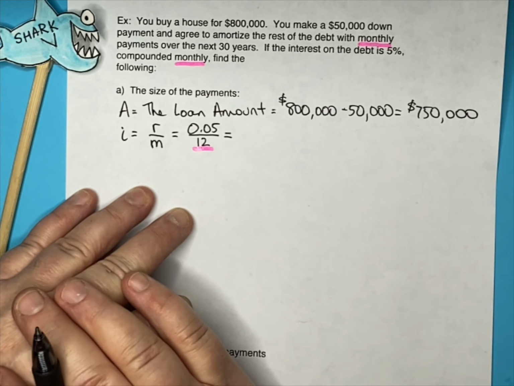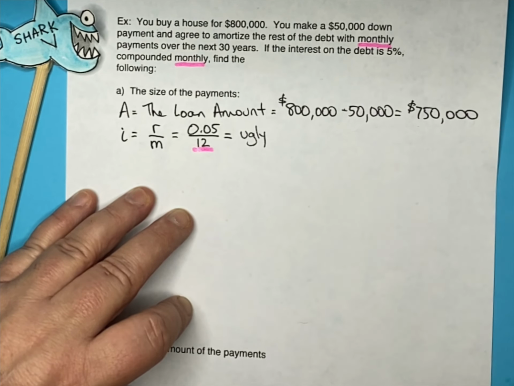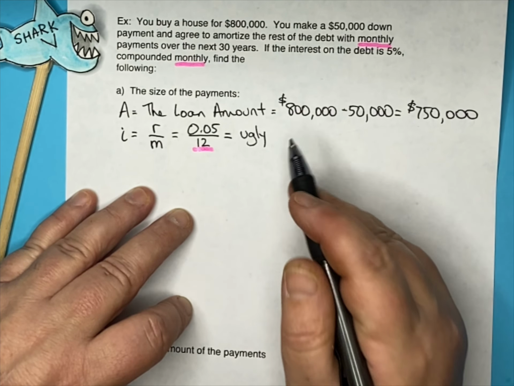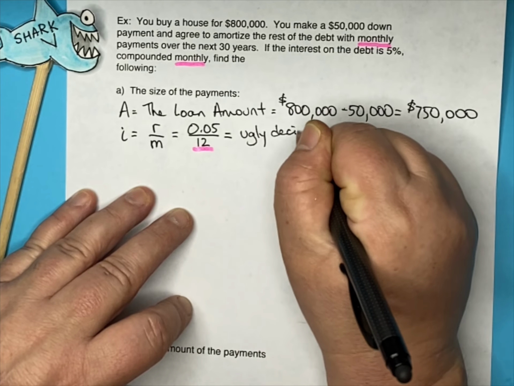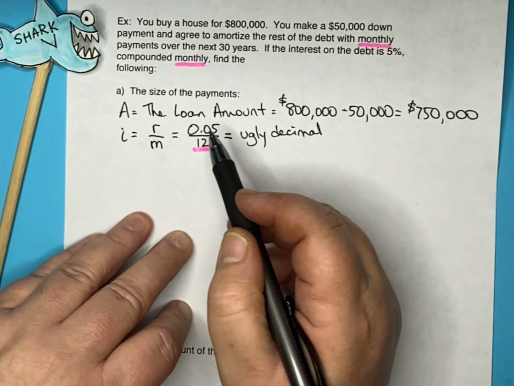Now, this is a repeating decimal. It's not nice. So we're going to use it in this form.